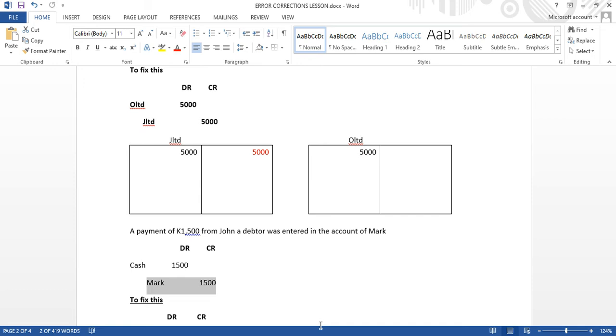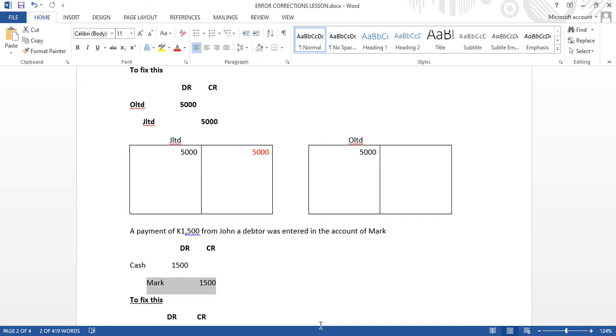I know that they're receivables, but they are still names. Do we have a separate receivables account where we just enter Mark or John, or do Mark and John have their own T account? That's where I'm a bit confused.